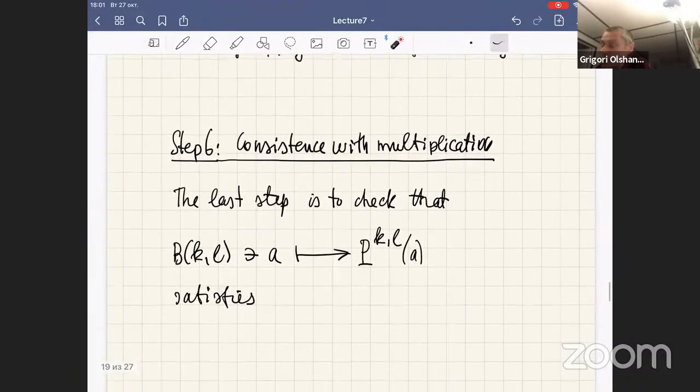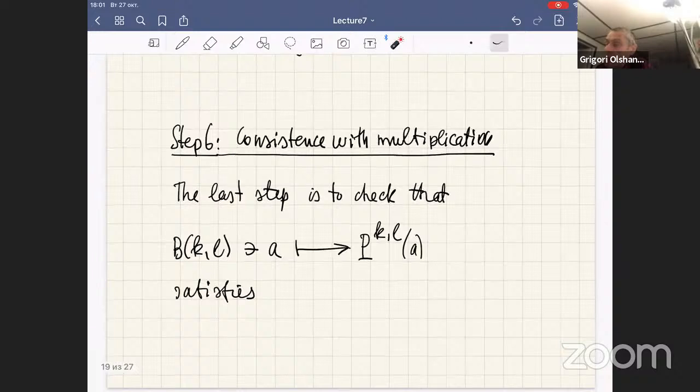Now we need to show that these operators form a representation of a semigroup, a projective representation. This is the last step, to check that this correspondence that I defined, to a semigroup element we assign the corresponding operators, which is defined by the picture.